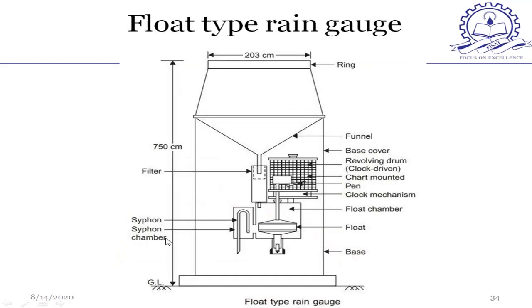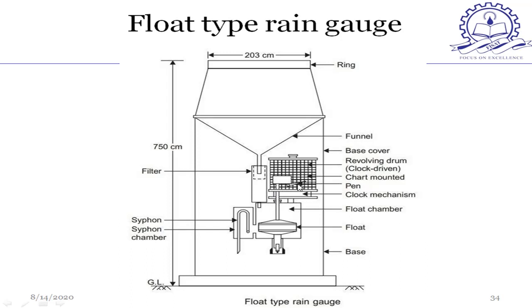This represents a float type rain gauge. It consists of a funnel. Then it is connected to a float chamber, and inside the float chamber there is a float. When the float chamber starts filling, what will happen? The float will start moving in the upward direction.